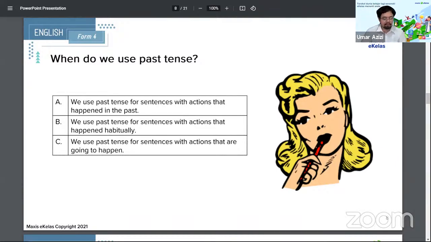Which one do you think the answer is? A or C? Ajmir Zarif says A. Do you have any other answer?